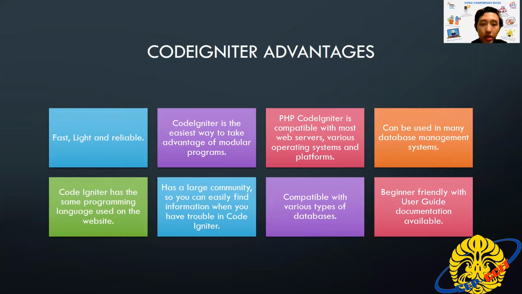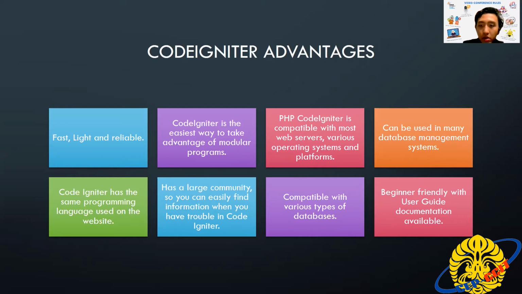And this is the CodeIgniter advantage. CodeIgniter is fast, light, and reliable. CodeIgniter is the easiest way to take advantage of modular programs in PHP. CodeIgniter is compatible with most web servers, various operating systems, and platforms.